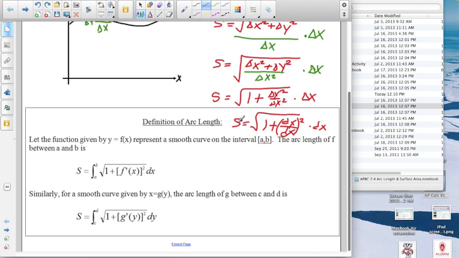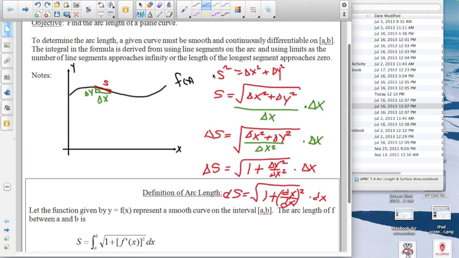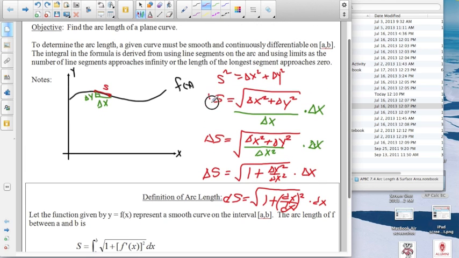And this is our incremental delta s. I really should have had deltas in front of this whole thing, because this is an incremental arc length, as what was drawn on the diagram here.